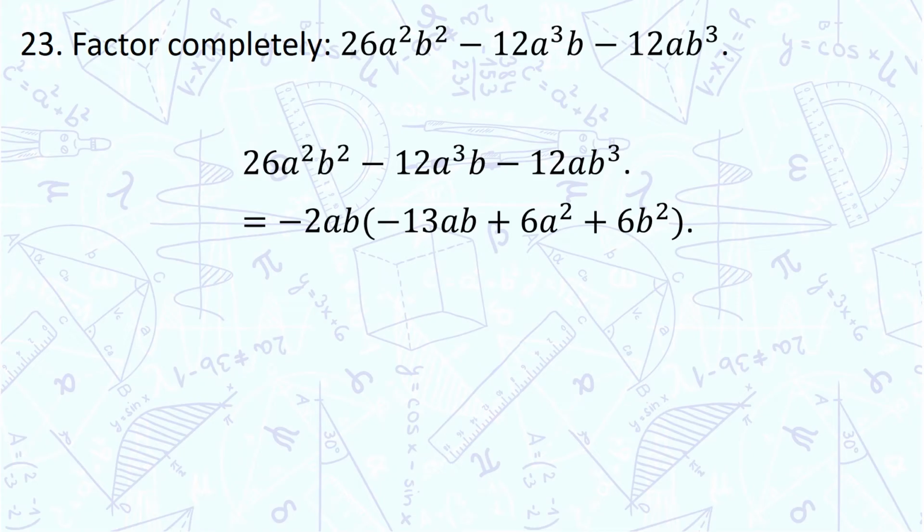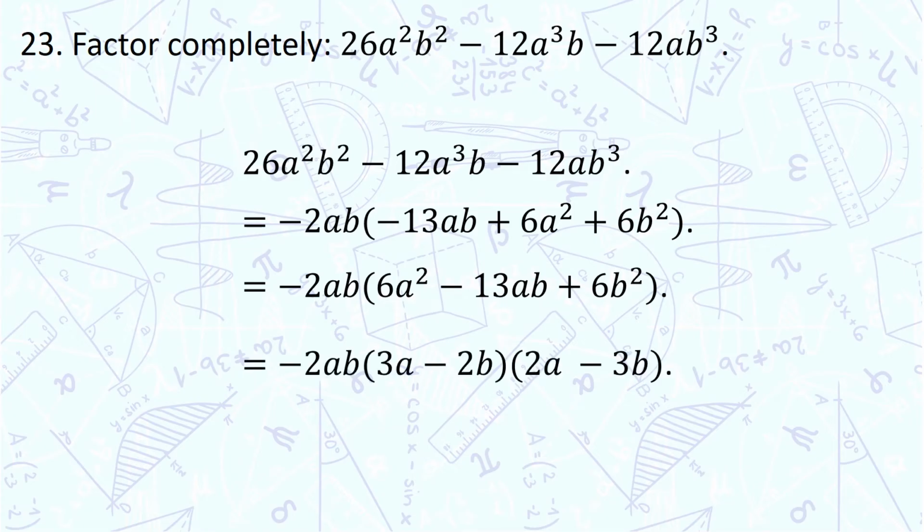We're writing the values inside the parentheses. We have 6a squared minus 13ab plus 6b squared, and this can be factored into negative 2ab times the quantity 3a minus 2b times the quantity 2a minus 3b. And that is our answer.